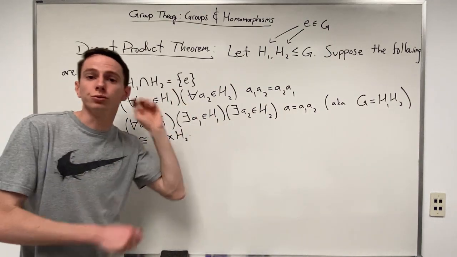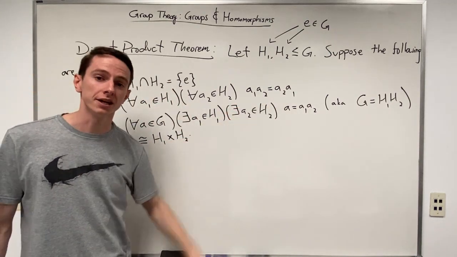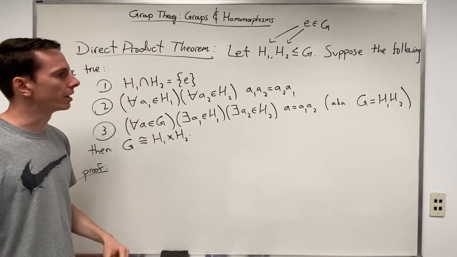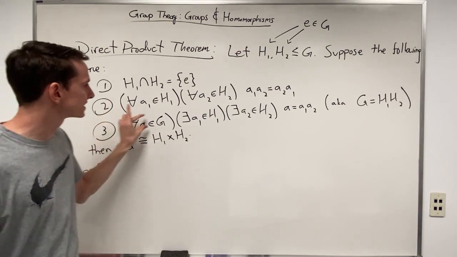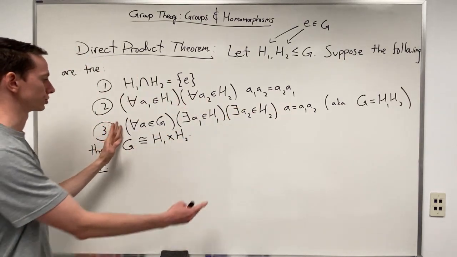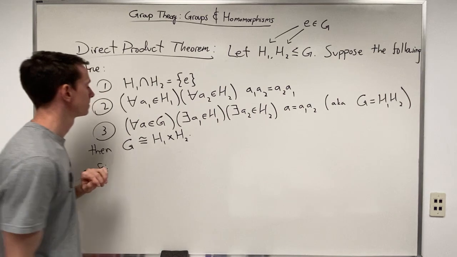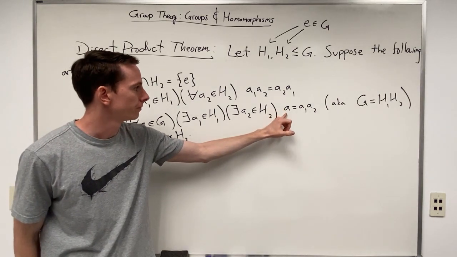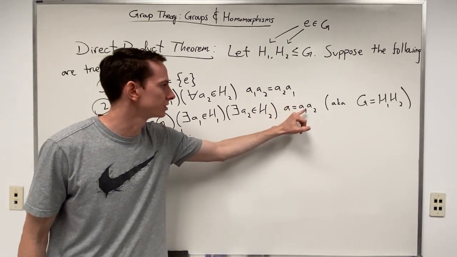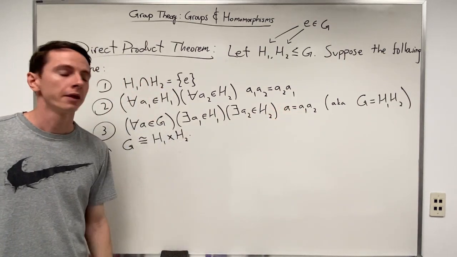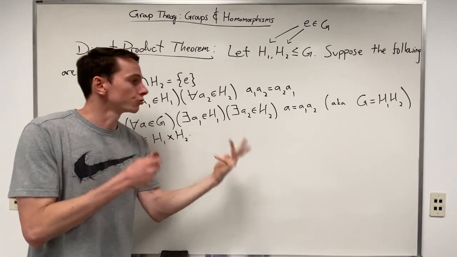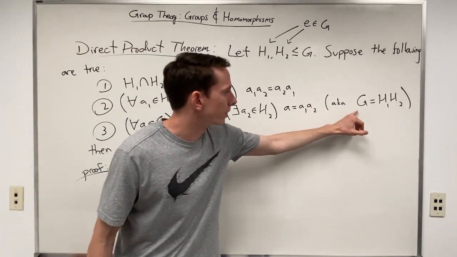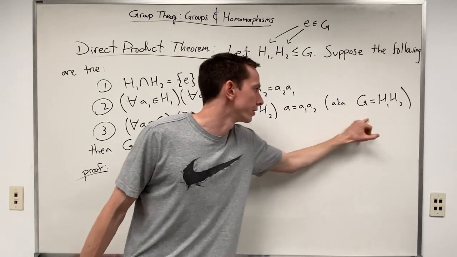And I wanted to also write just some notation that we'll see throughout the video series. I'll probably mention it again too, but one way of writing this condition, because this is kind of a long condition to write, going from here to here, right? If it's true that any element of G can be written as some element of H1 times some element of H2, then we can write that more generally by just replacing the elements with the corresponding groups.